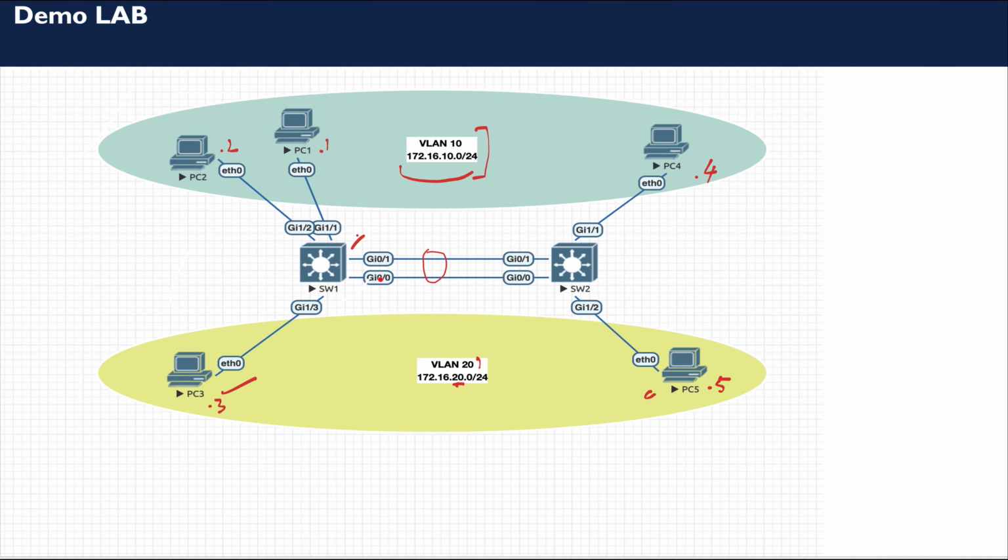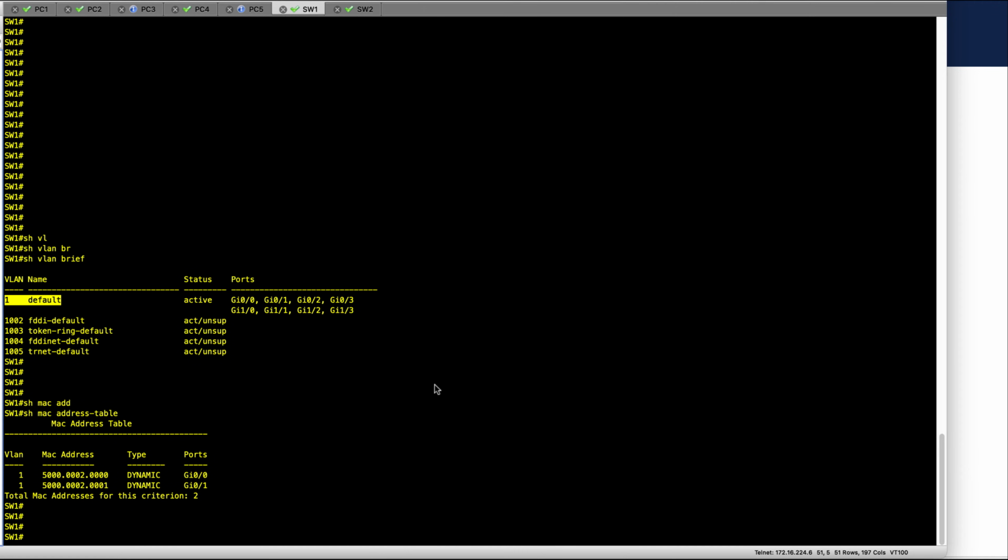I have MAC addresses learned from switch 2 on these interfaces, but nothing has been learned yet on gigabit 1/1, 1/2 or 1/3. But once we start running some ping tests, what happens is frames will be received by switch 1 and the switch 1 MAC address table will start getting populated.